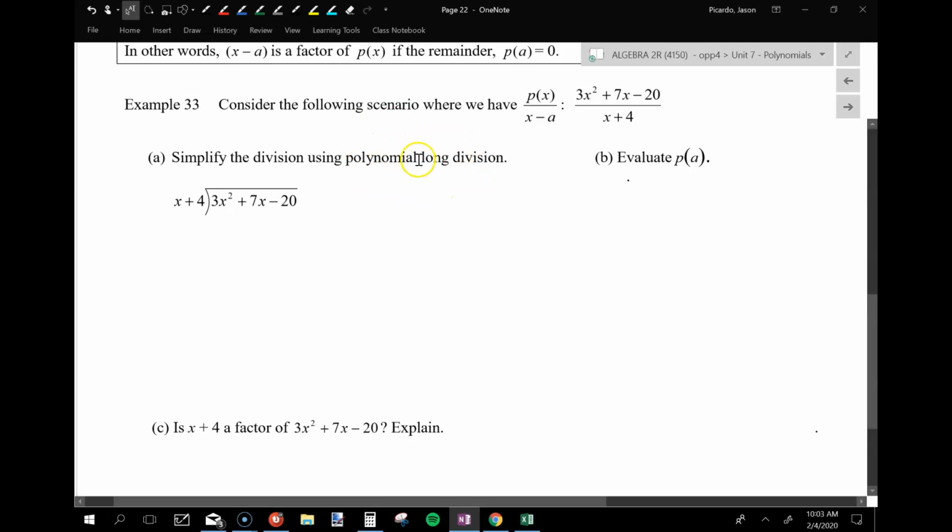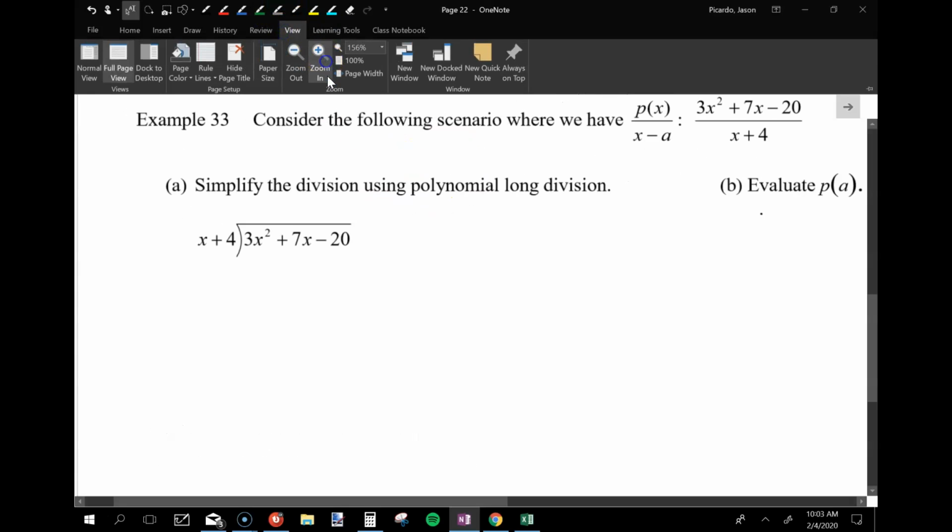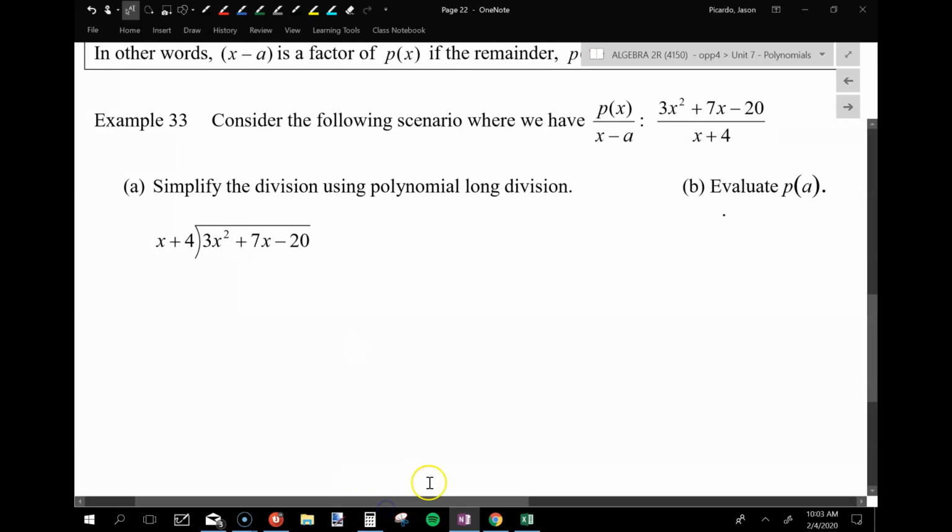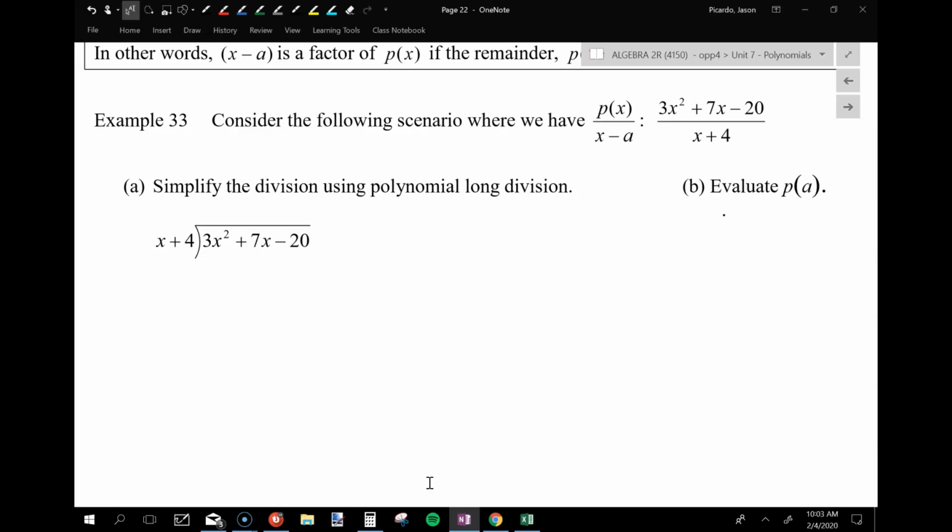So it is possible that they could tell you that you have to use long division. Are there cases where I have to use long division besides if they tell me? Yes. And that's if I'm dividing by something that is not degree 1, okay?